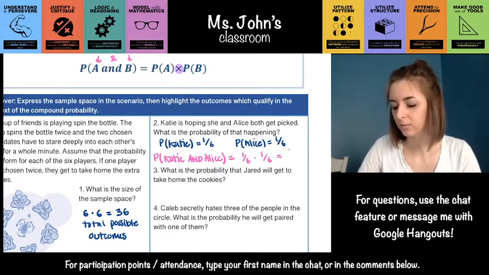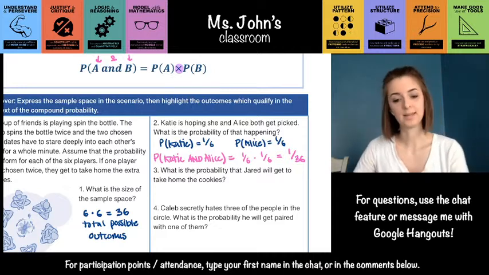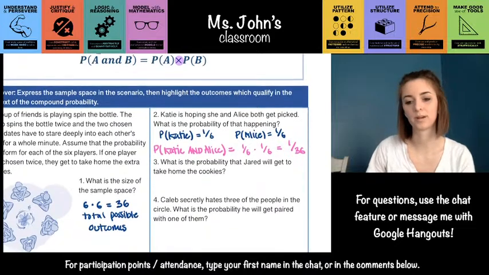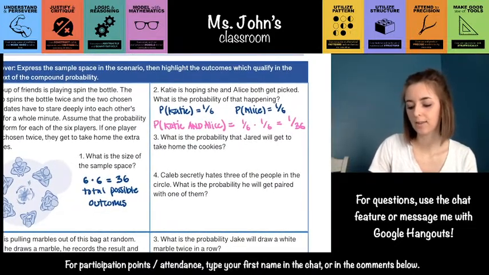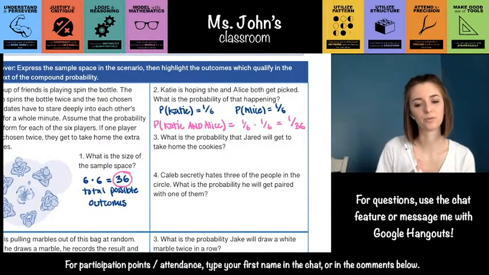So that's going to be 1 out of 36. 1 out of the 36 possible outcomes is going to be Katie and Alice, which makes sense. A good way to check is that we got the denominator of 36, which means that we have the total number of possible outcomes on the bottom, which is what we want.